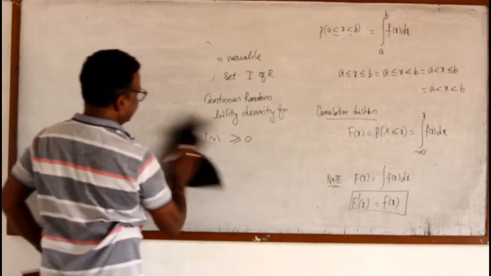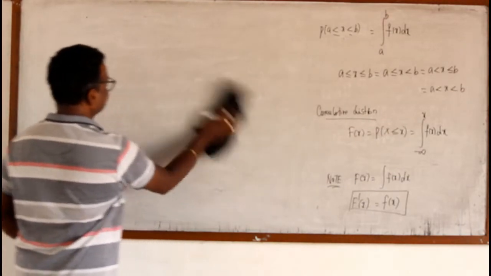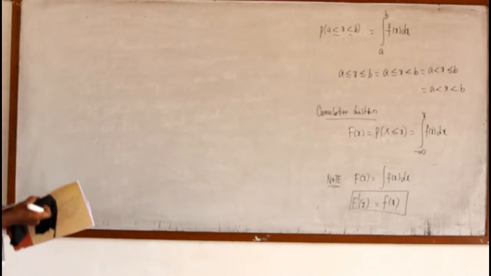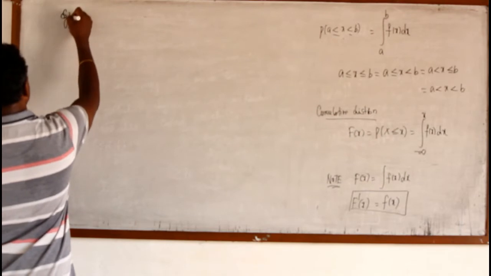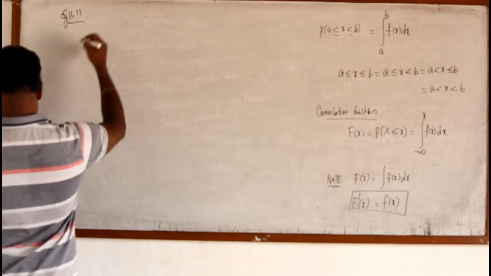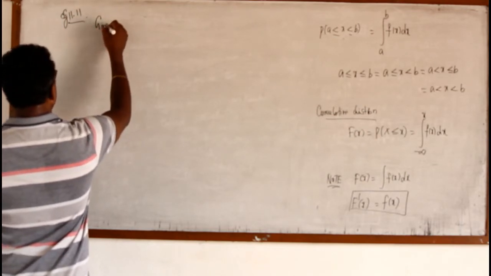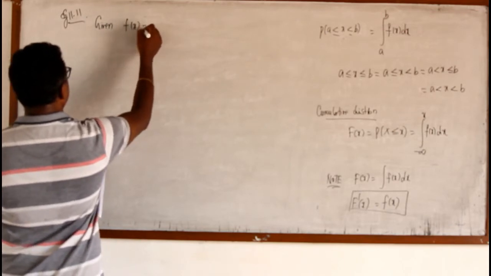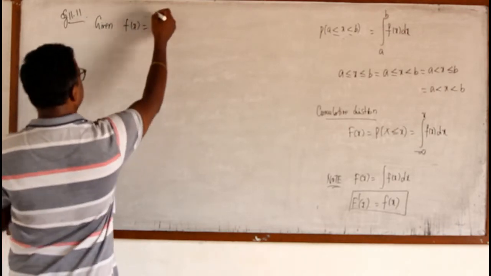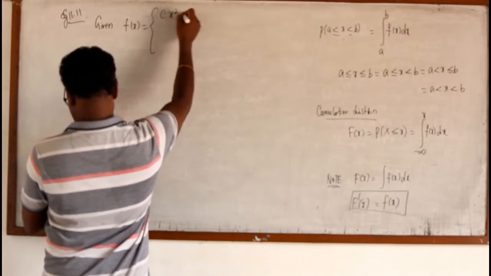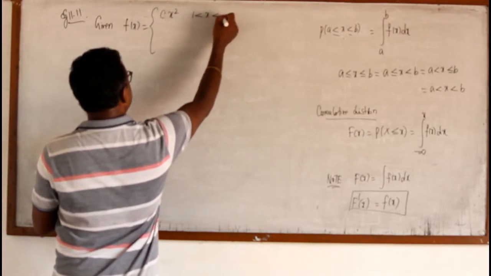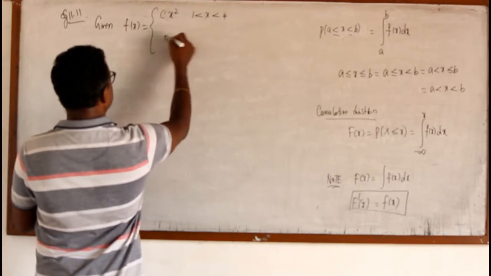Now we shall go straight into the example. First example 11.11. Given PDF, I just write the gist of the questions always hereafter. f of x is Cx square for 1 less than x less than 4, 0 otherwise.